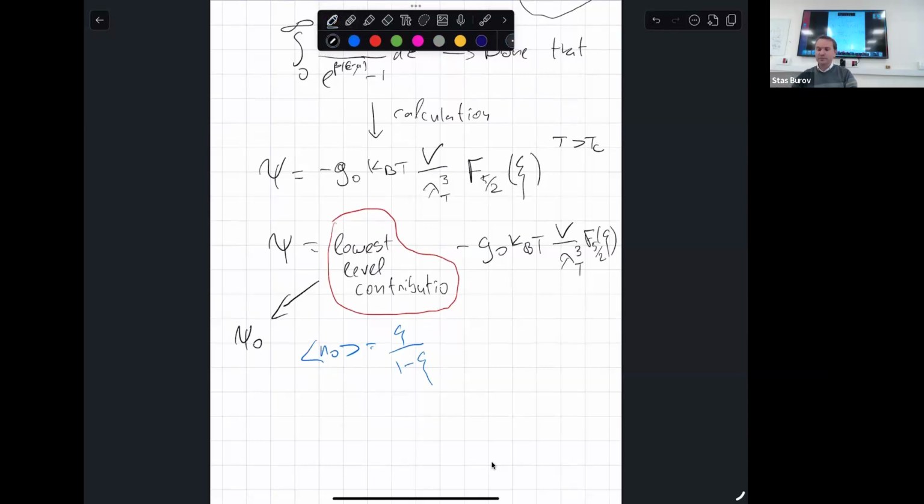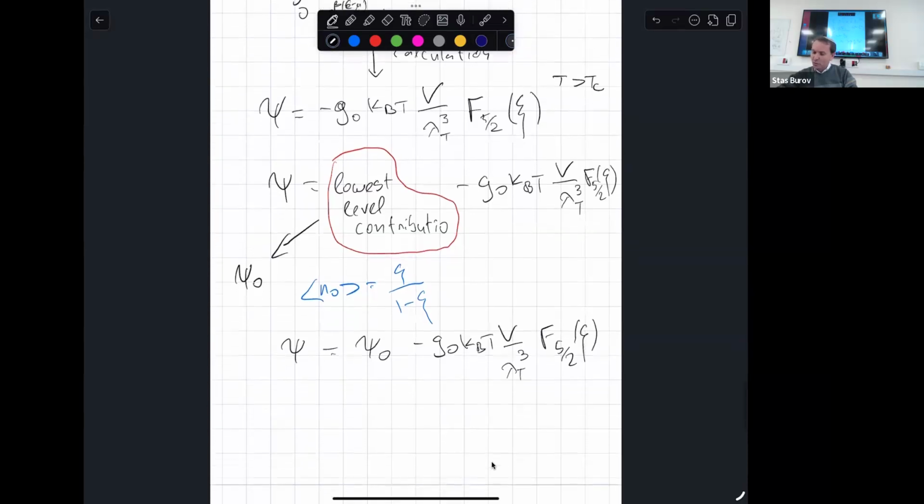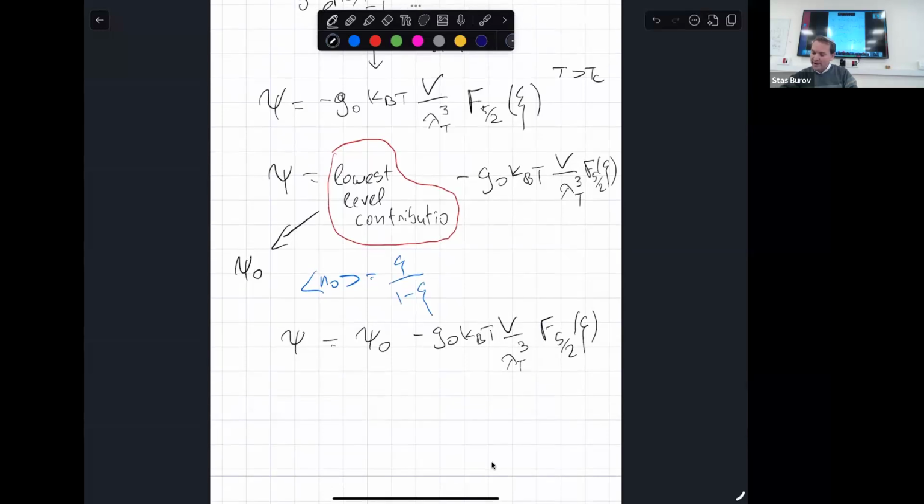psi 0, in total we have psi equals psi 0 minus G0 k Boltzmann T V divided by lambda T to the third f 5 halves of epsilon. We know how to relate psi 0 and N0 average.